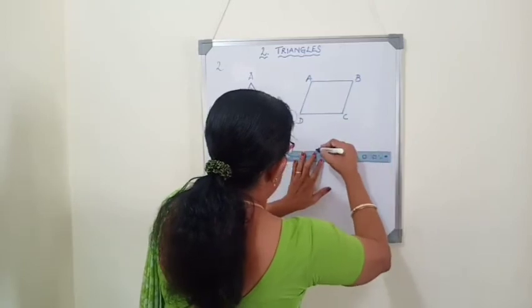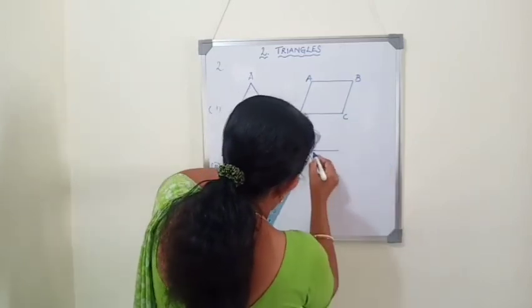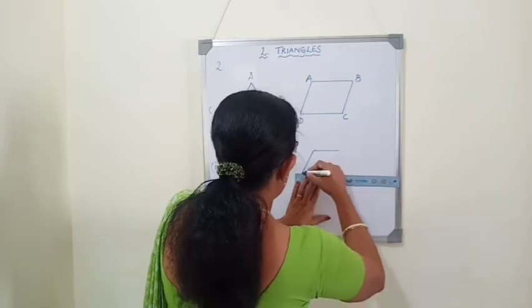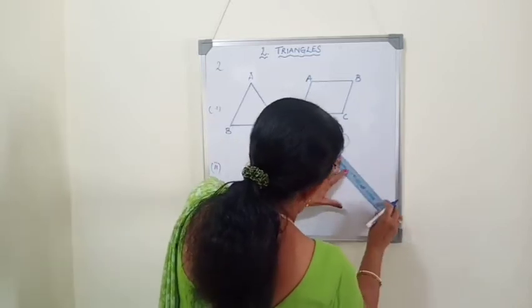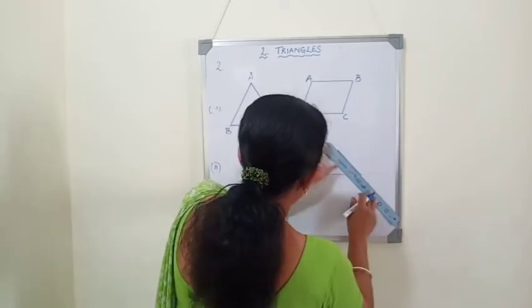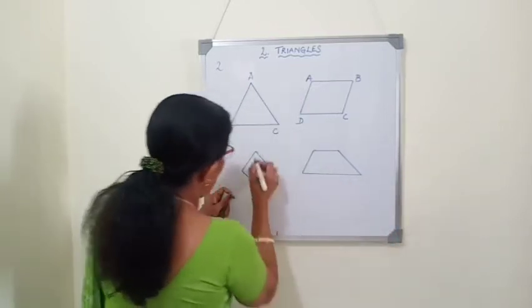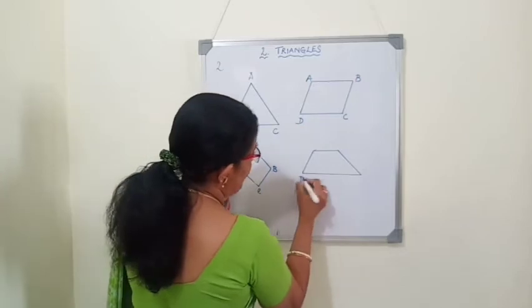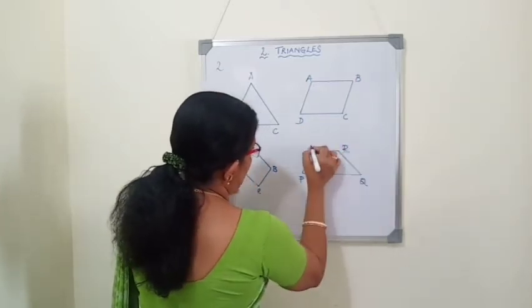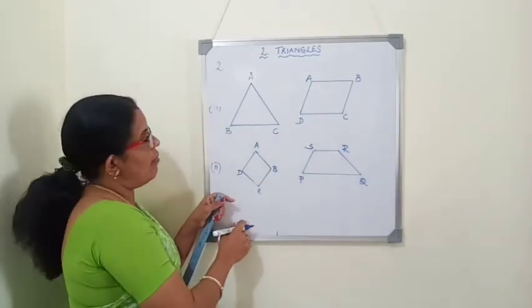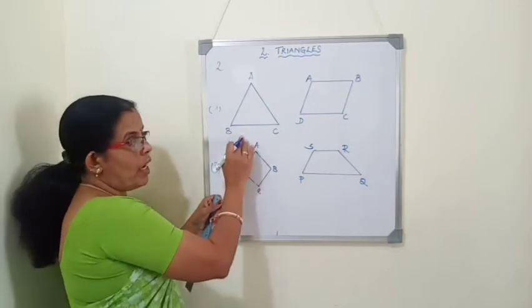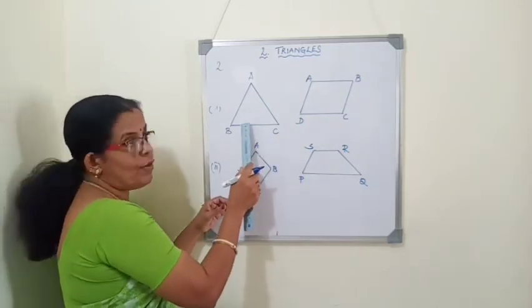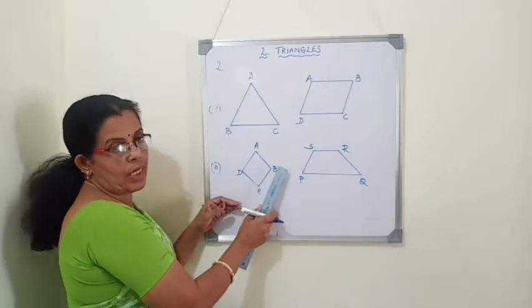They are non-similar figures. Can give names ABCD and PQRS. So similar figures have corresponding angles equal and sides proportional. Non-similar figures have different angles and ratios of the sides will not be equal.